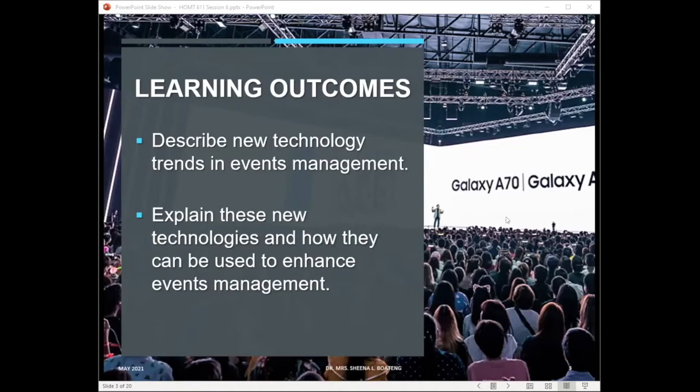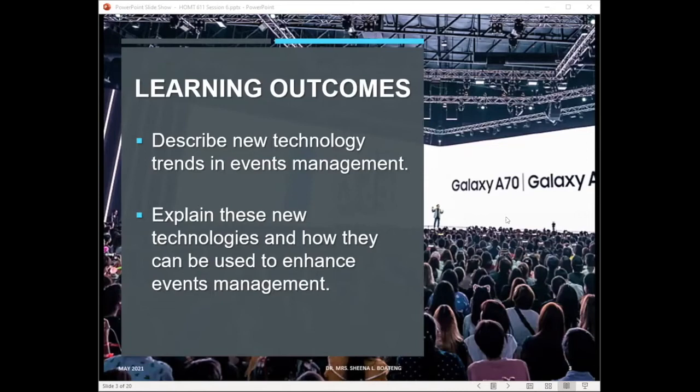So as usual, there are various learning outcomes we hope to achieve. The first one is to be able to describe these new technology trends in events management. And the second one is to be able to explain these technologies and how they can be used to enhance events management.